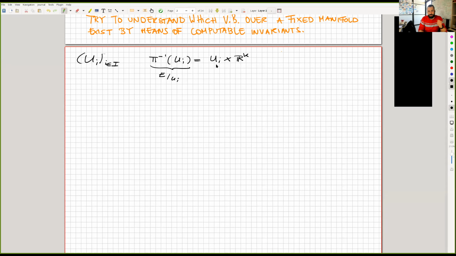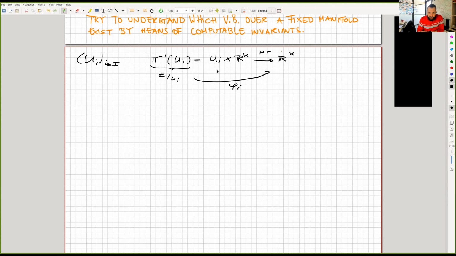This is the trivialization. And of course, from here, you have a projection map to R^k. So this is the projection map. And this whole map from here to here, let's call it phi_i.